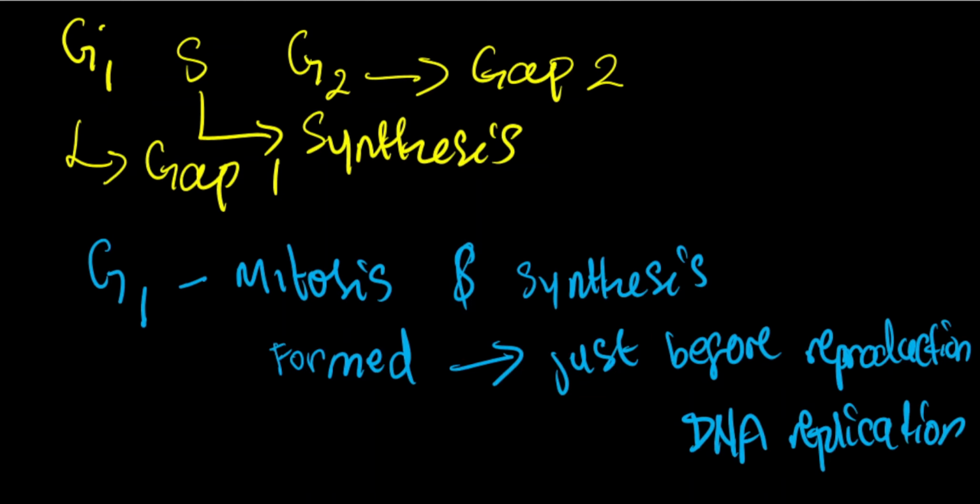DNA replication takes place around the period just before a cell begins mitosis. So just before a cell begins its mitotic division, DNA replication takes place, and DNA replication takes place at the synthesis phase of interphase. So it's from formation, which is associated with mitosis, to DNA replication, which is just before reproduction. Now, of course, as I stated earlier, the synthesis phase is associated with DNA replication.